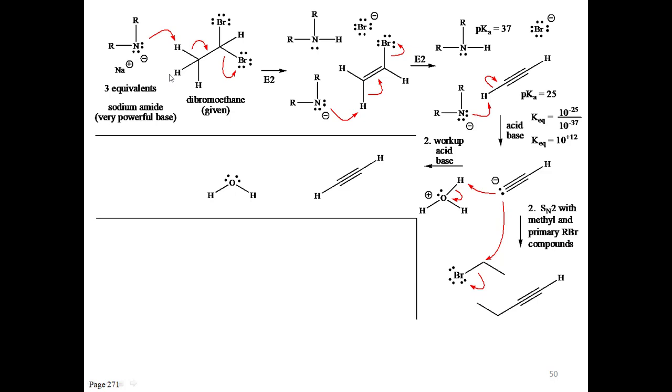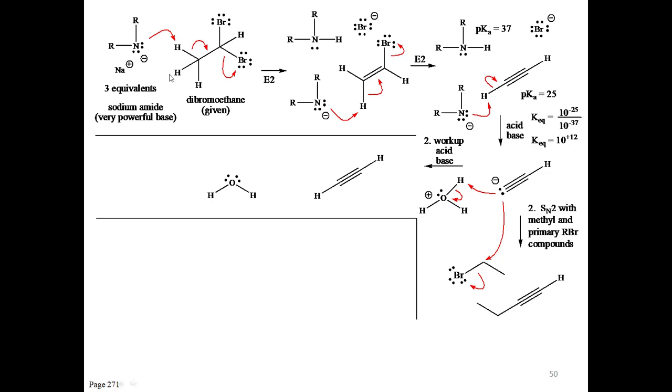Now remember, alkynes have a little more acidic protons, CH protons, than typical hydrocarbons because they're 50% S. So in fact, this acid has become a stronger acid than the nitrogen acid that we have up here. So this conjugate base is stronger than the conjugate base down here, and so it can strip off that proton. Now that might not be what we want, but we can't stop that.